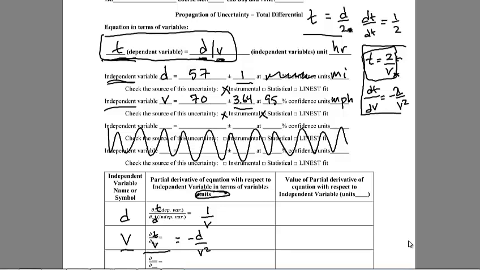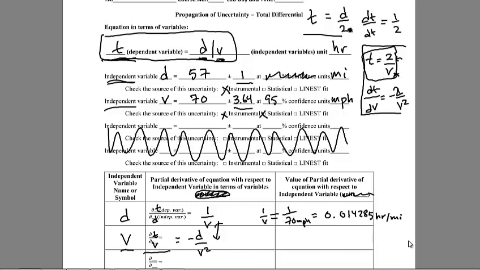This part here is not very useful to us because if you just look at these two things, obviously they're going to have different units. So we don't need to worry about that, and the same will be true over here. And this space here is just for you to fill in your variables. So 1 over v is going to be 1 over 70 miles per hour, which is going to give us 0.014285 hours per mile.